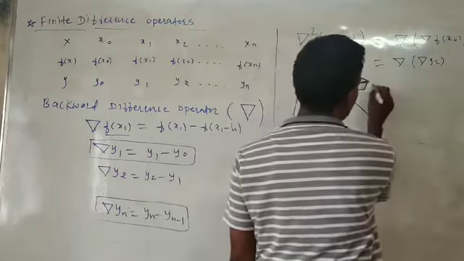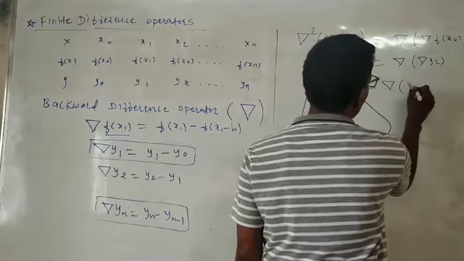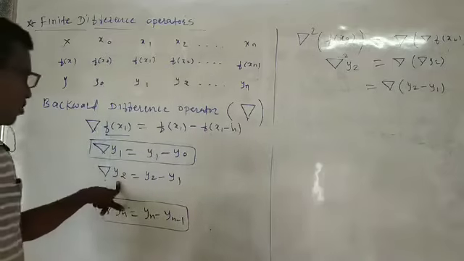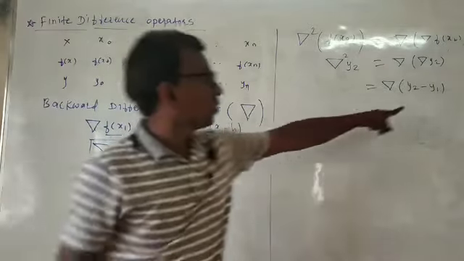This can be written as y2 minus y1 by using this formula, the backward difference operator of y2 is equal to y2 minus y1.